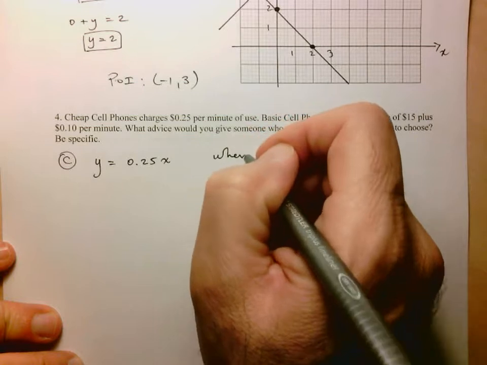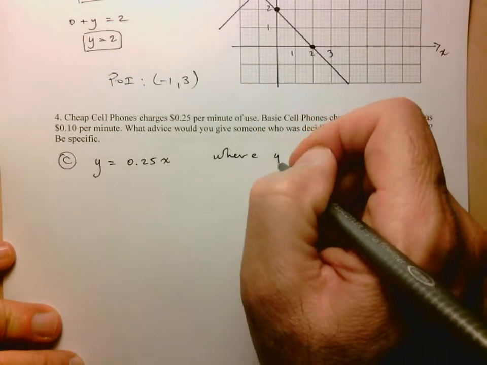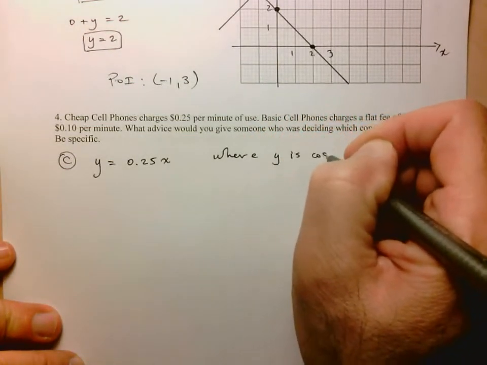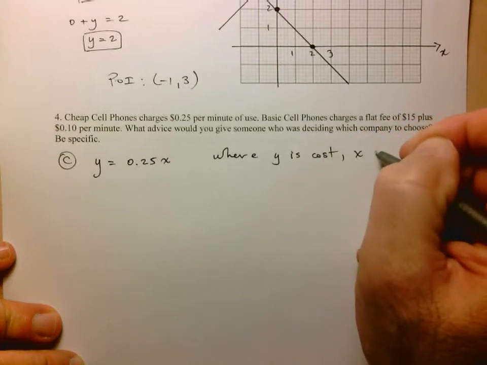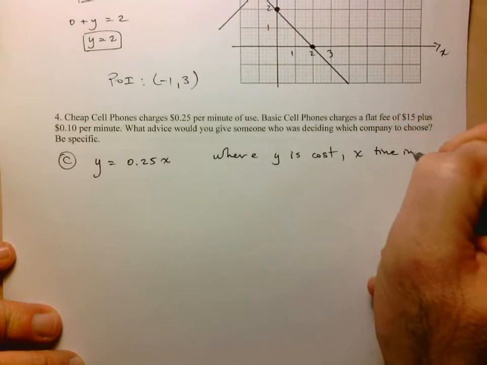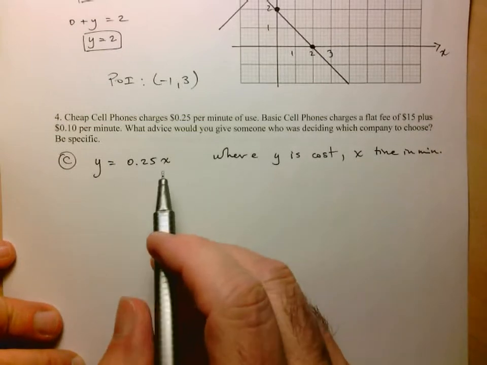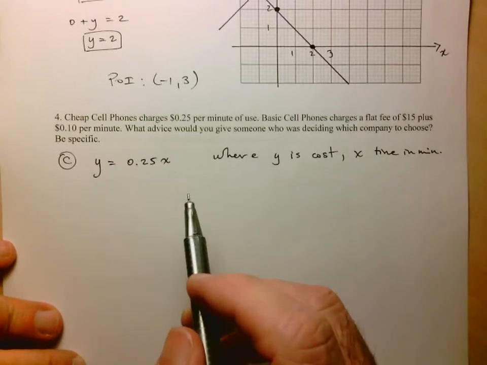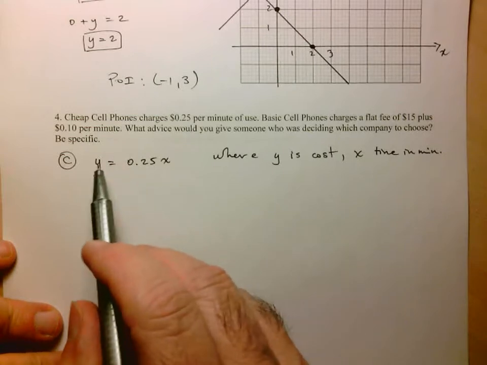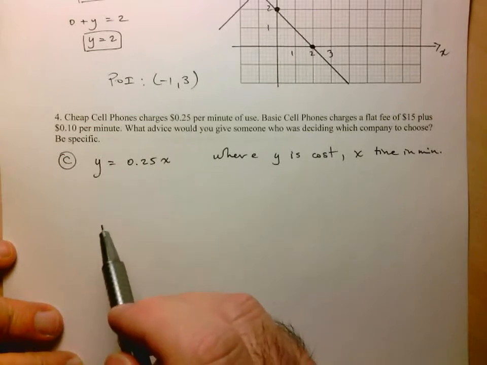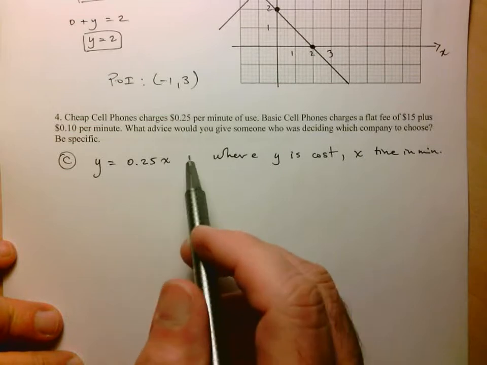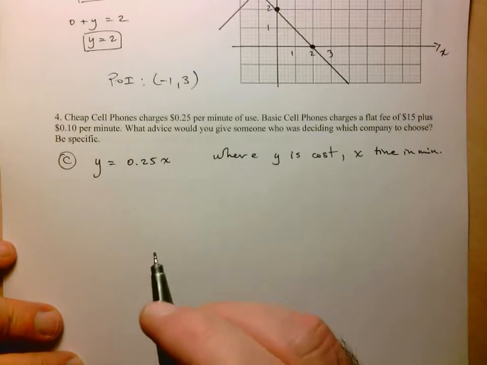And I'm going to give my variables where y is cost and x is time in minutes. So there's no flat fee, there's no y-intercept here. So let's remember, by the way, that this type of linear relation is called a direct variation. Not that they're asking for it, but good to review that.